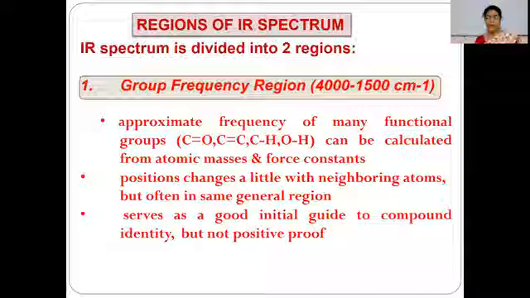The value of C double bond O absorption slightly changes with the change in neighboring atoms of the alkyl group. The group frequency region serves as a good initial guide to compound identity. That means from the group frequency region, we can have an idea about the functional group present in the molecule.